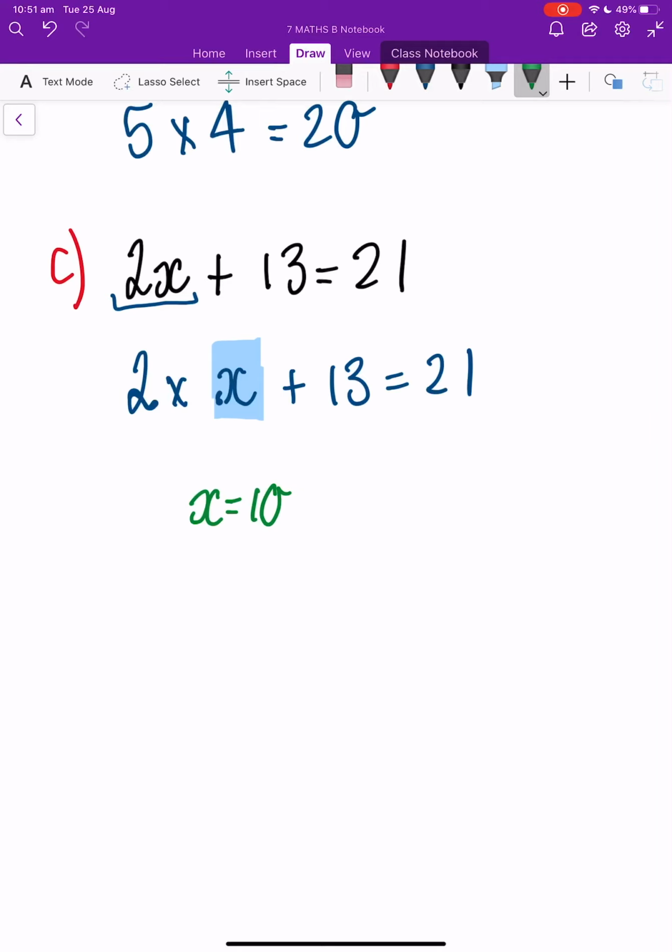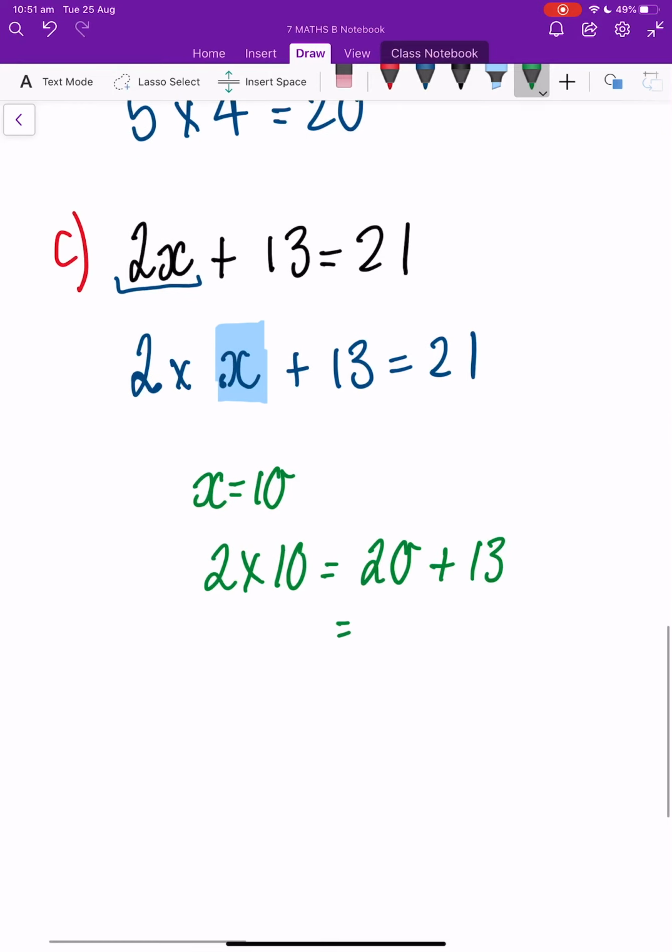If x is 10, we would go 2 times 10, which would give you 20, plus 13. That would equal 33, and that's not our answer, so that's too large.